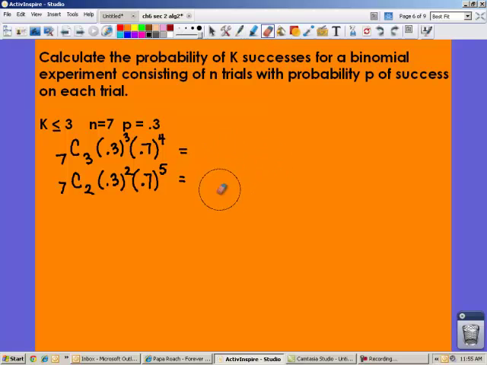Sorry, this answer, I read it wrong, it should be 0.2268945. I apologize. And then the next one should be 0.3176523.